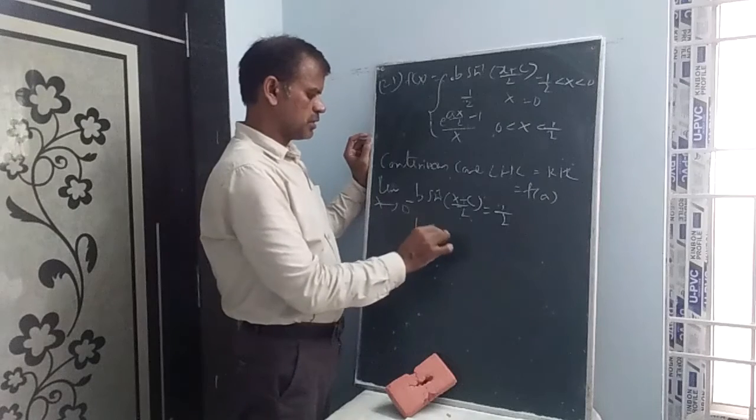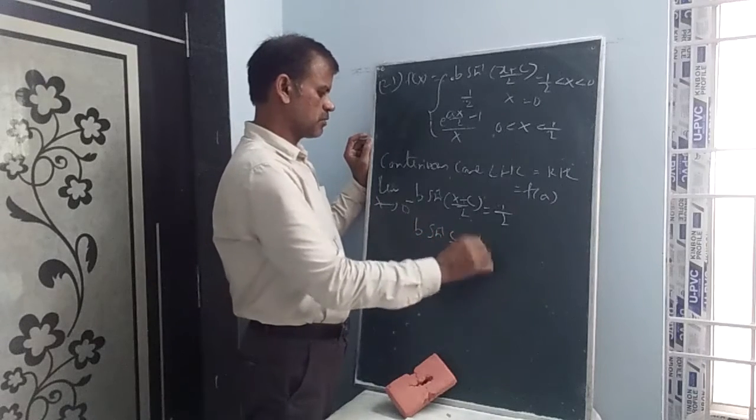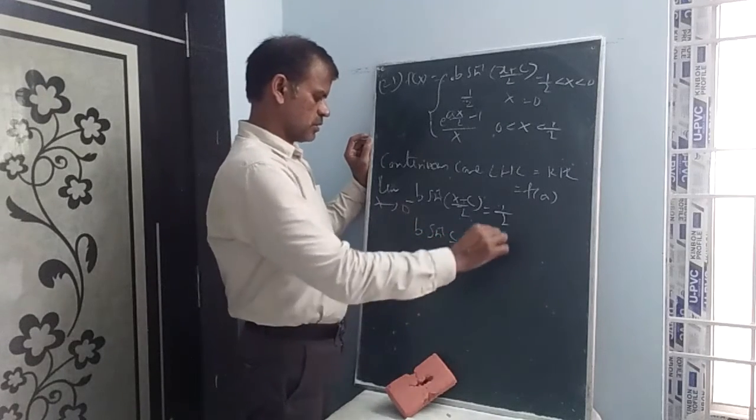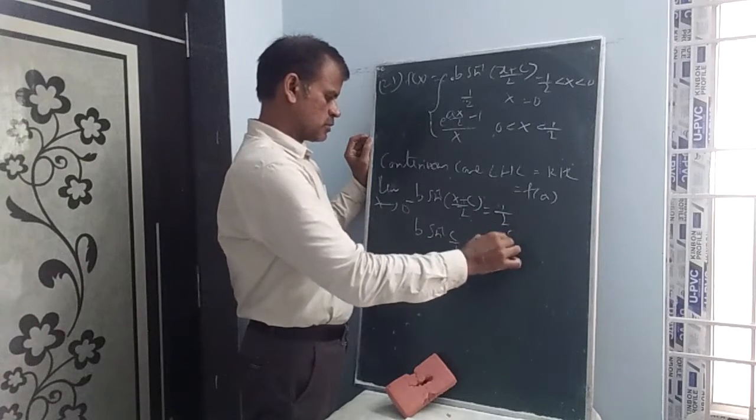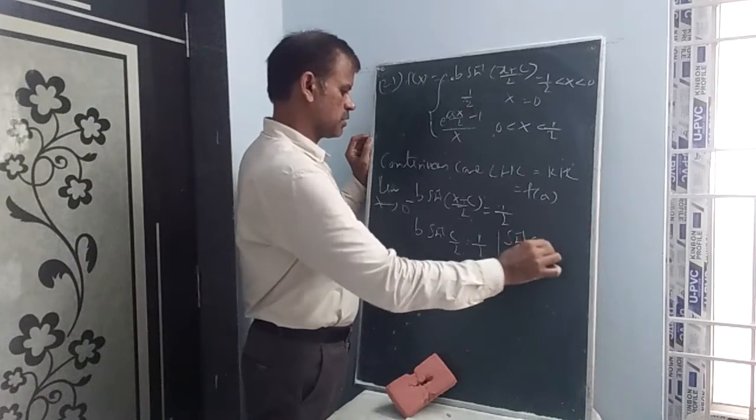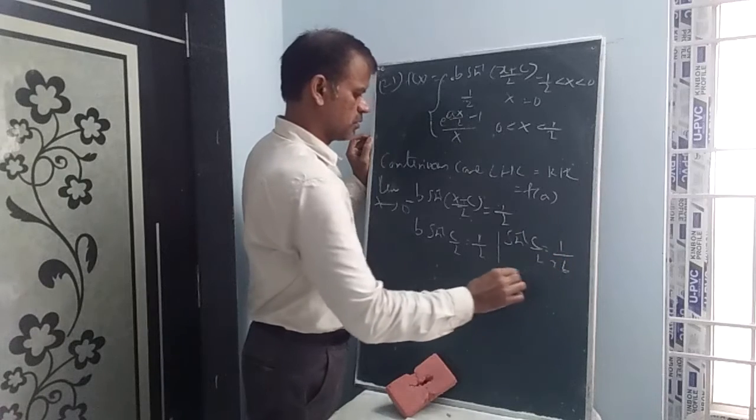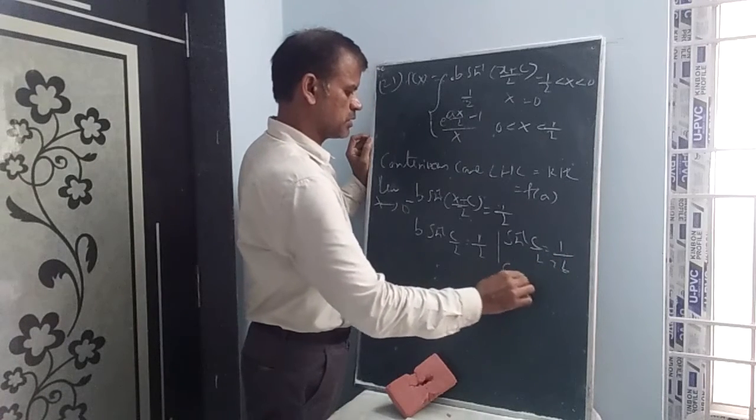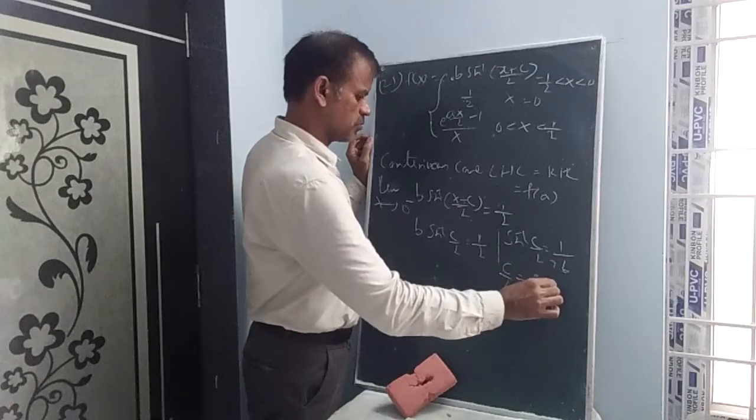So b sine inverse of c by 2 equal to 1 by 2. So sine inverse of c by 2 equal to 1 by 2b. C by 2 is equal to sine of 1 by 2b.